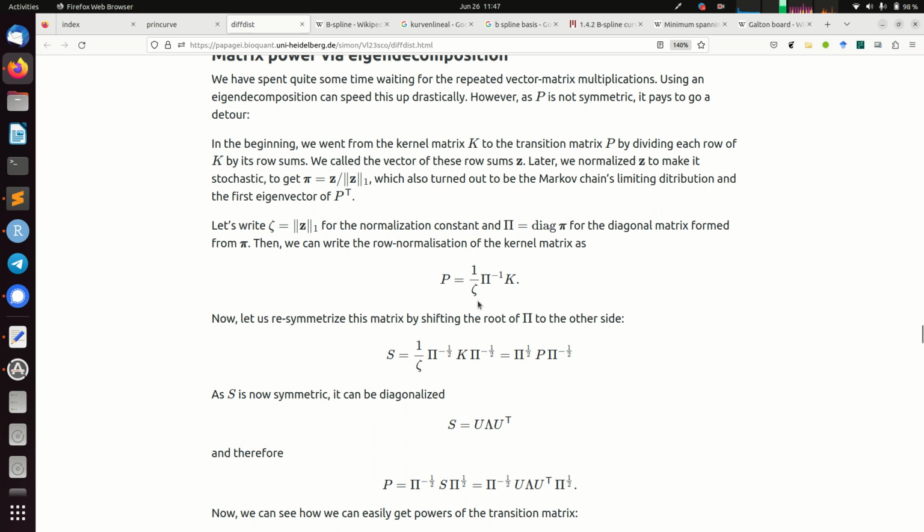So what we want to do is divide each row of K, the symmetric kernel matrix, by an element of Z.